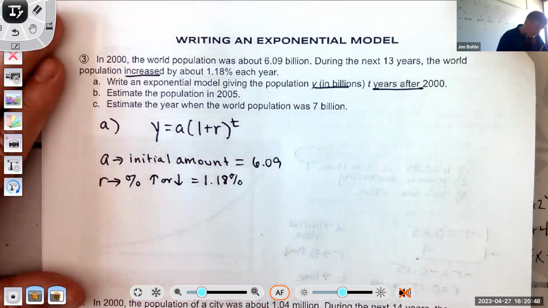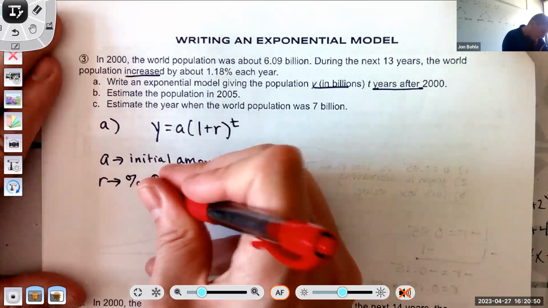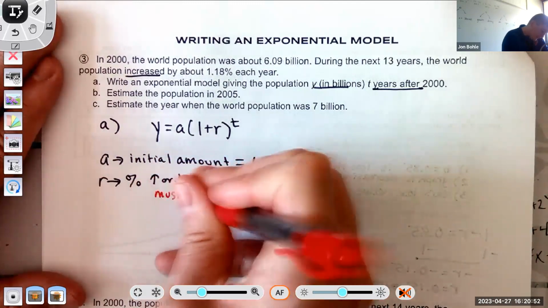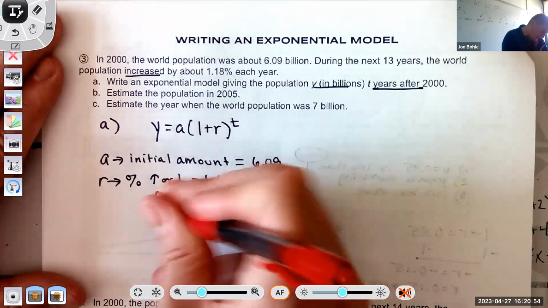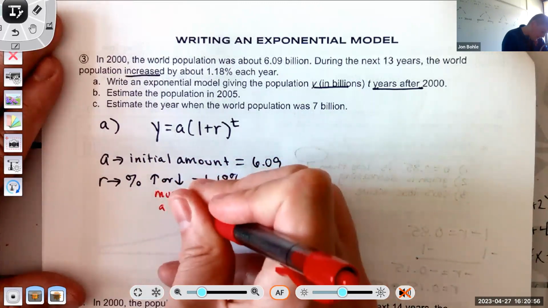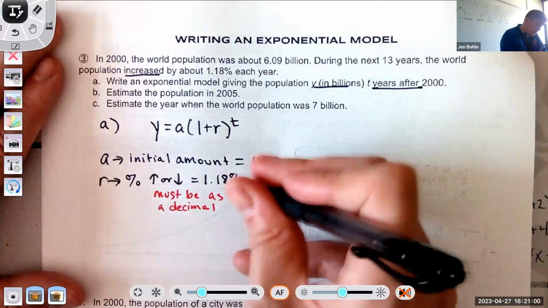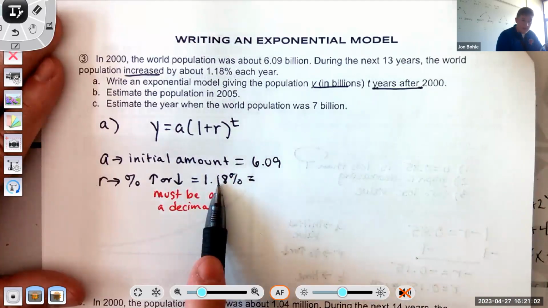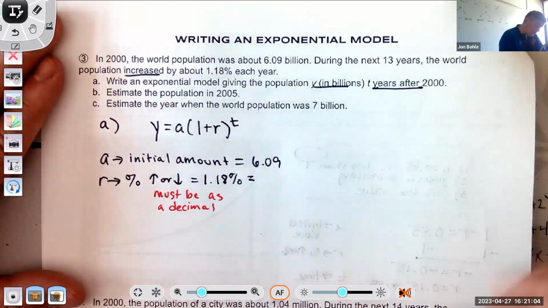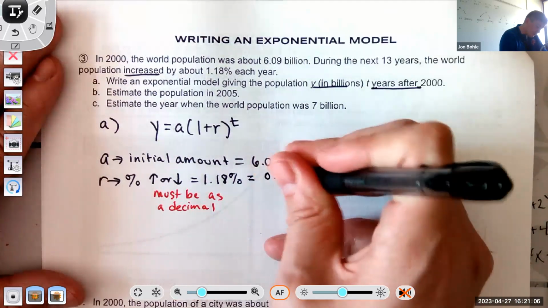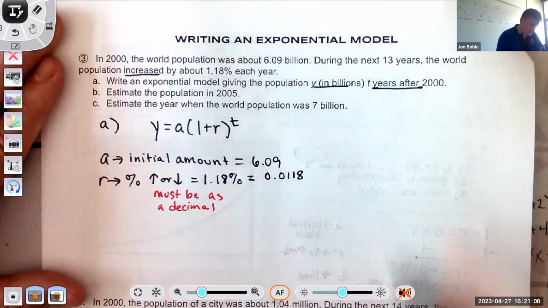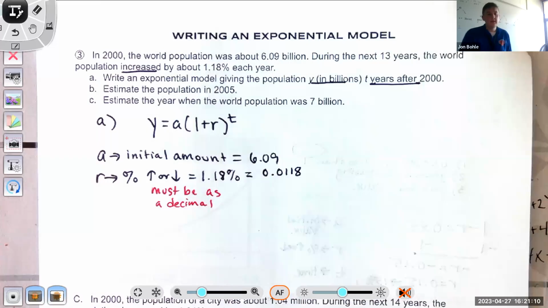And this is an important concept: it must be as a decimal. So I need to convert this into a decimal. And it's really easy. You just divide by 100. So 1.18 divided by 100 is 0.0118. So that's the number I need to use.